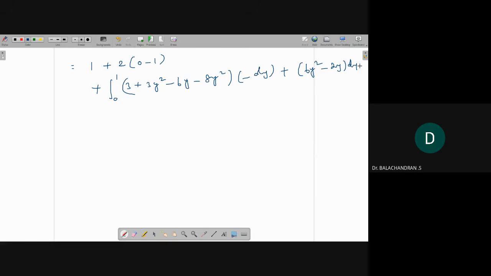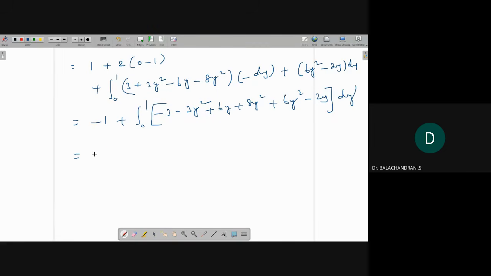So this is equal to 1 minus 2, which is minus 1, plus the integral from 0 to 1 multiplied by a minus sign, of 3y square plus 6y plus 8y square plus 6y square minus 2y, into dy.